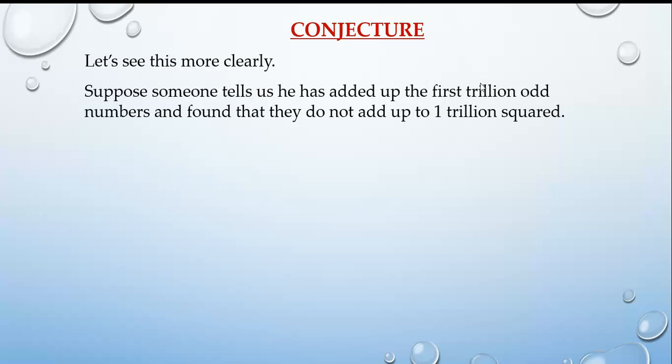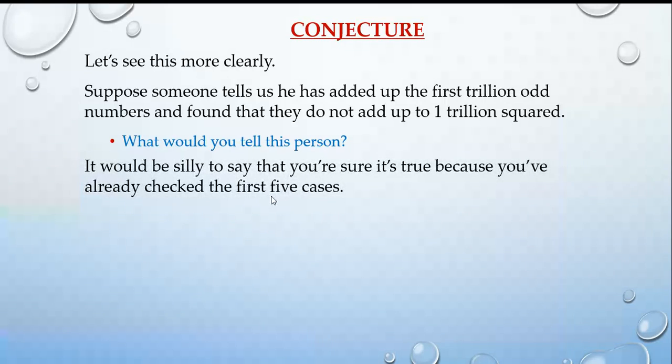He says that if we add 1 trillion numbers, the result is not a square. What do you tell this person? Suppose you say, no, I am sure it is true.